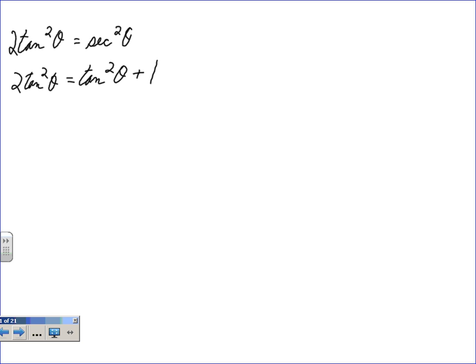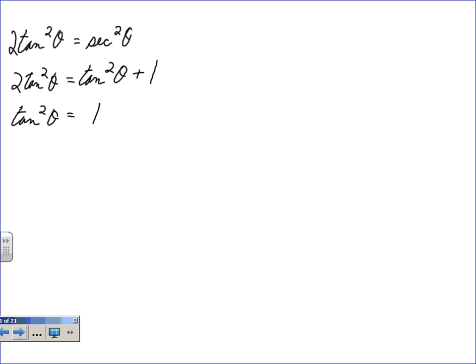Subtract tangent squared from each side. I have 1 tangent squared equals 1. I could set this equal to 0 and factor. Or what else do you see? Go ahead, Michelle. Could you find the square root? Yeah, you can find the square root of both sides.